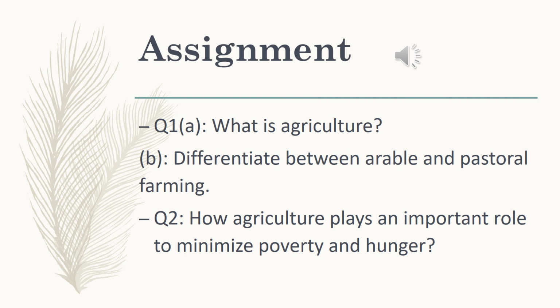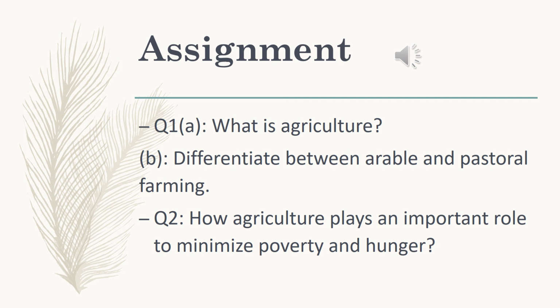You have to write down both with the heading arable and pastoral farming. And please do not make the difference with a line in between the two, arable and pastoral farming. You have to write down with heading and definition.